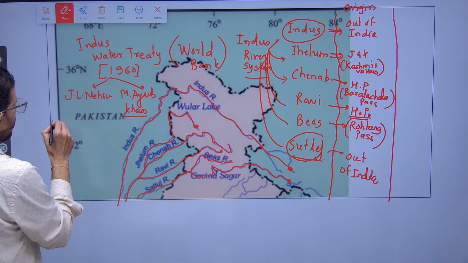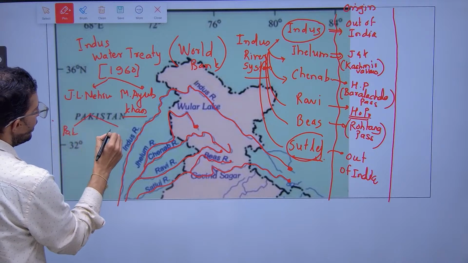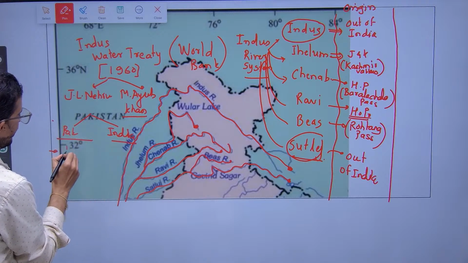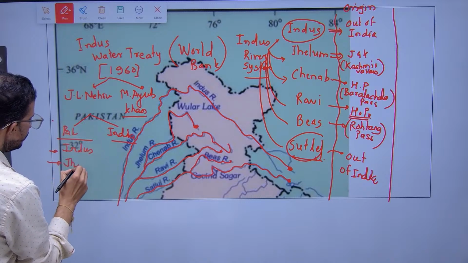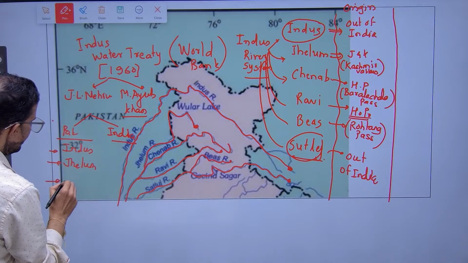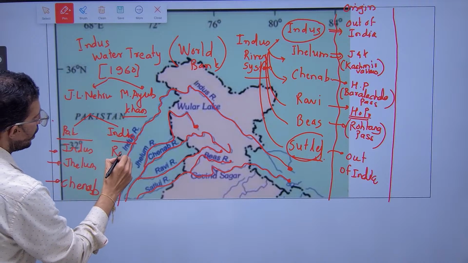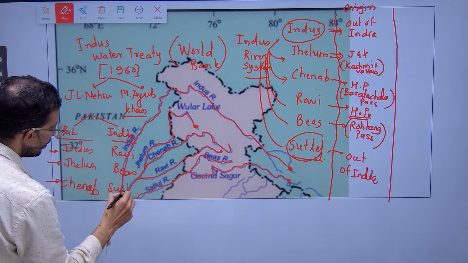The western flowing rivers, Indus, Jhelum and Chenab, and the eastern flowing rivers, Ravi, Bias and Satluj.